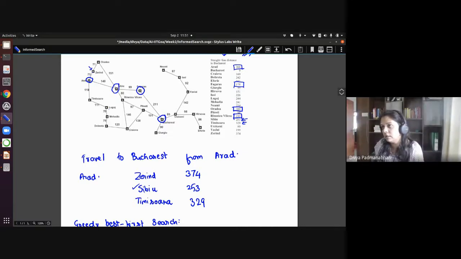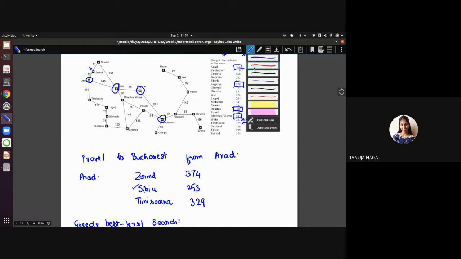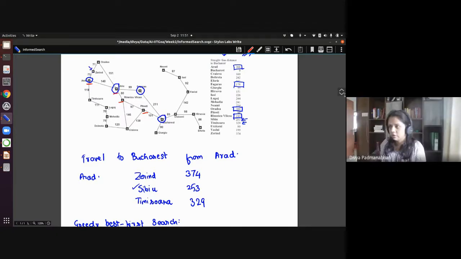Consider the weights on the map: 80, 97, and 101, the total sum is less than 99 and 211. Right, exactly. That's exactly the thing.